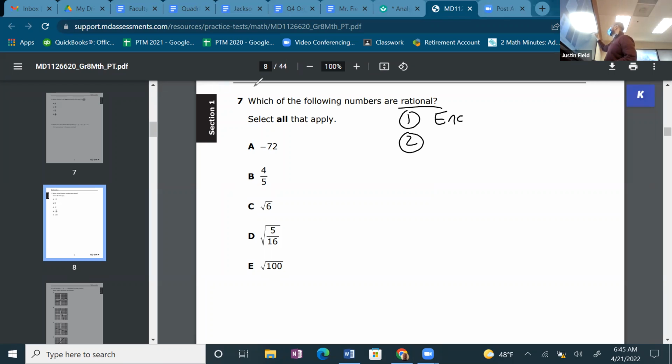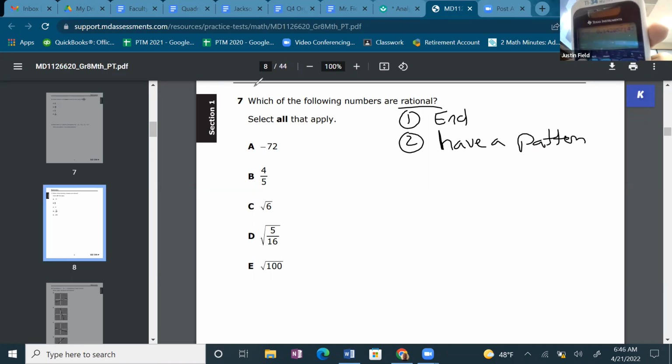They end or they have a pattern. But beware. 1/7 looks like it's irrational. Look at that. 1/7. I divided 1 by 7. It does not appear to have a pattern.